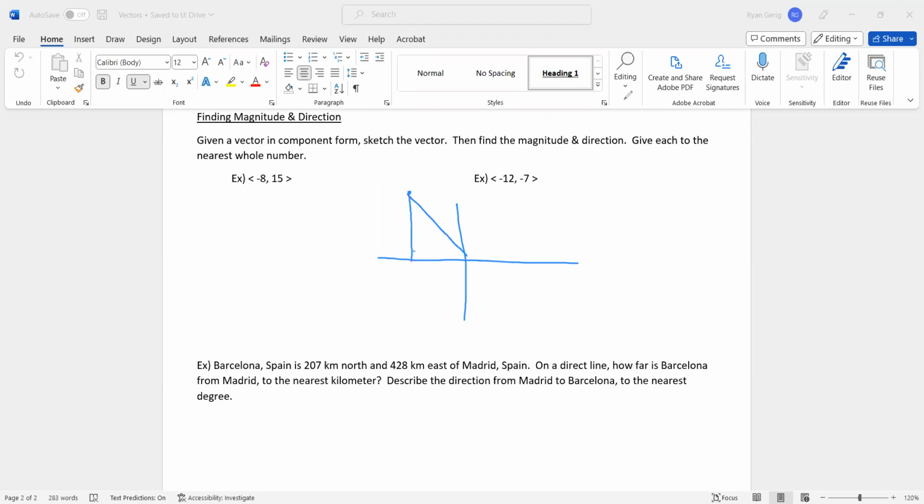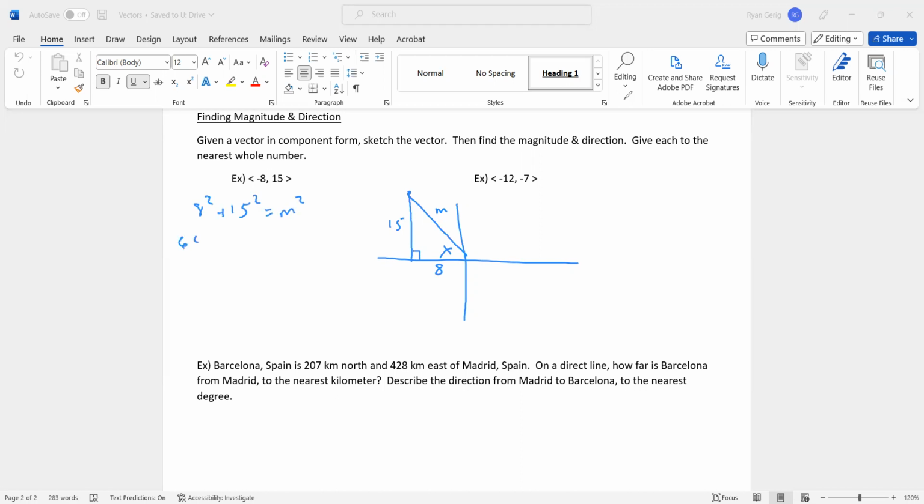And we know that's the right angle. We know that this is 15. And we know that this is 8. We're looking for the magnitude. Actually, I'm going to put an M there for magnitude. And I'll use x for my degree. Well, what can I use to find the magnitude? Hopefully you see that that's Pythagorean theorem. So it's just 8 squared plus 15 squared equals M squared.